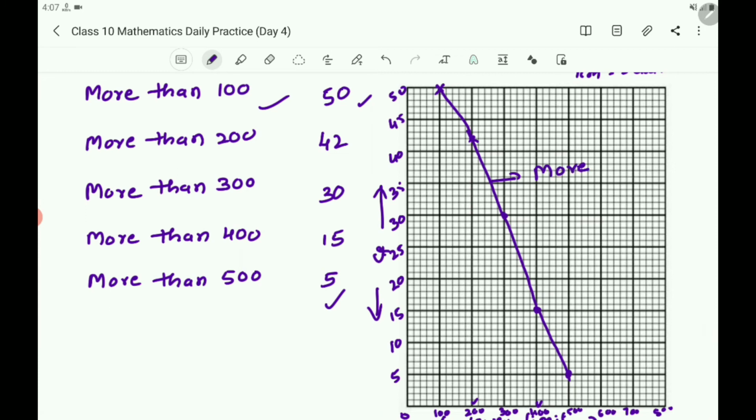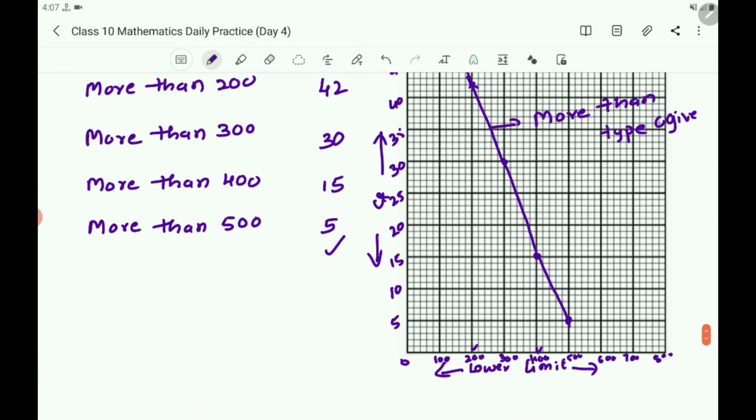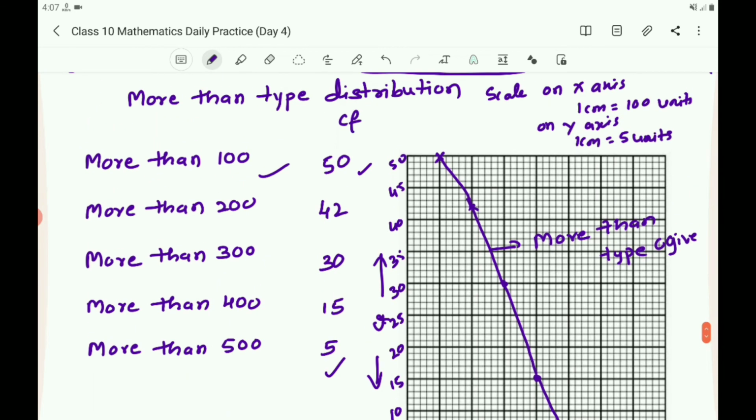This is the more than type ogive. In this way, by taking the lower limit on the x-axis and the corresponding cumulative frequency on the y-axis, you got the more than type ogive.